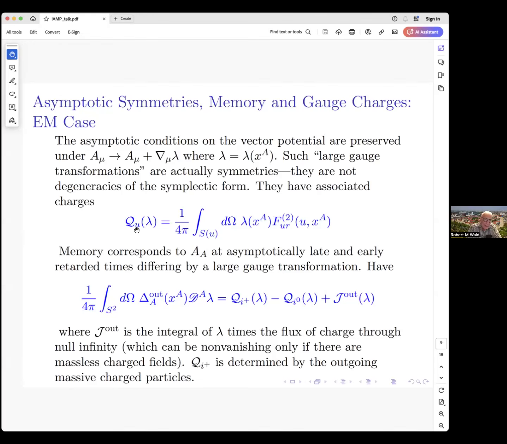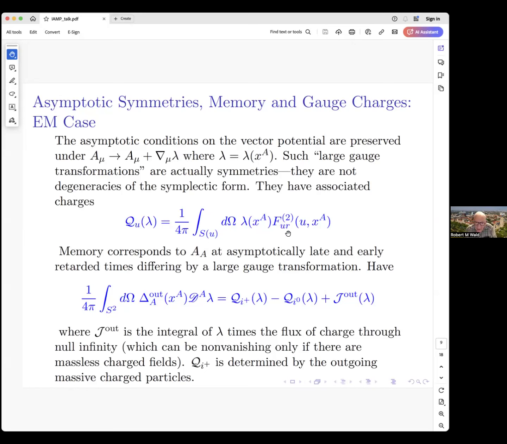And the charge associated with this large gauge transformation at retarded time u at future null infinity is just this integral over the cross-section of null infinity at retarded time u, involving the 1 over r squared part of the electric field.